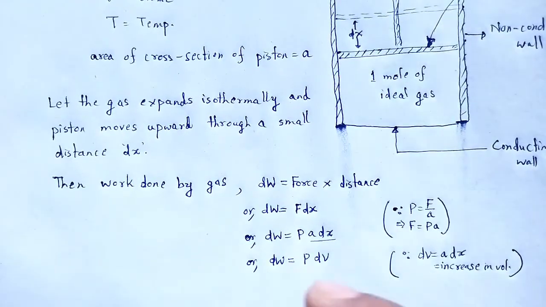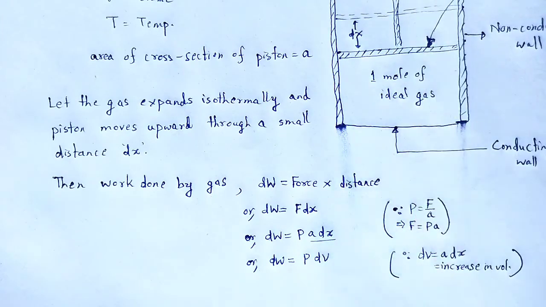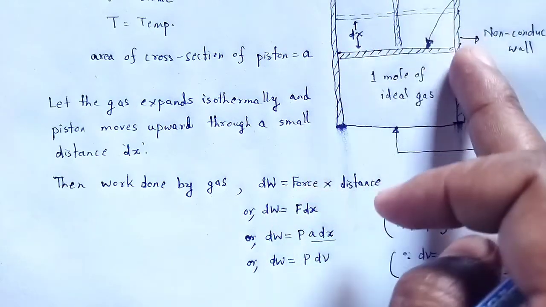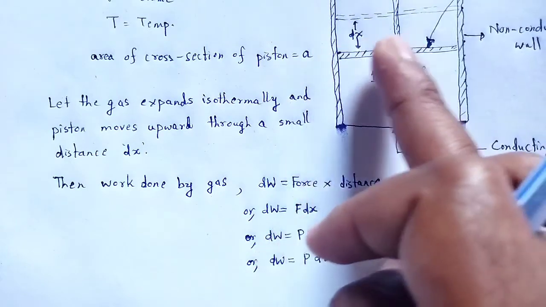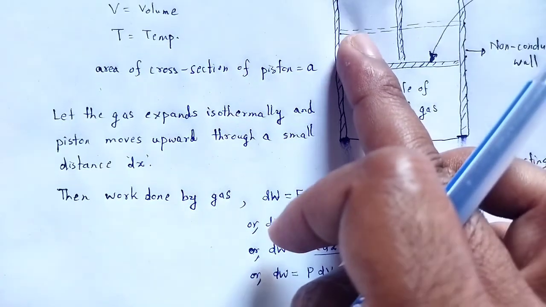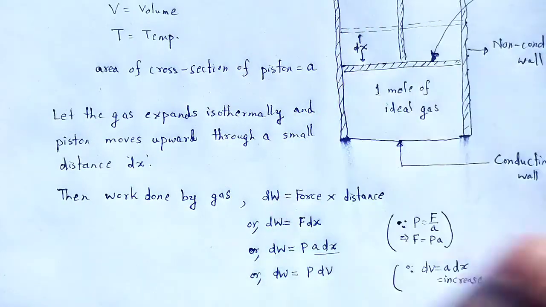Now, this is the small work done when that gas moves upward. What should be the total work done? We have to integrate. Let us choose first, in the initial condition, the pressure and volume be P1 and V1, and at the final position the pressure and volume change to P2 and V2.